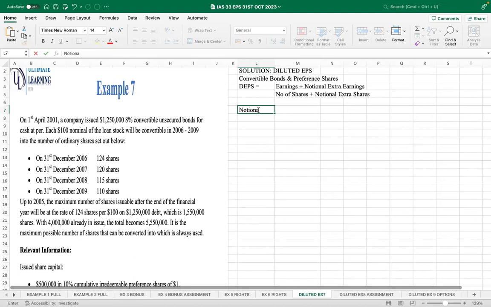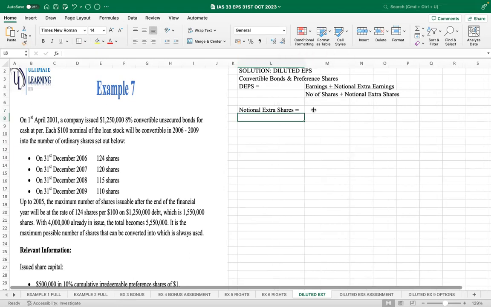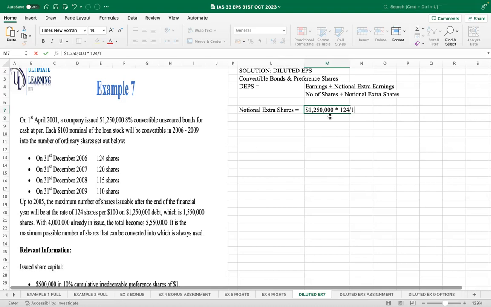So it's prudent, first of all, to get the number of new shares, or what we call notional extra shares. In order to get the notional extra shares, we said you take the amount of the loan, which was 1,250,000, and multiply by the rate, the new number of shares, and divide by the loan.